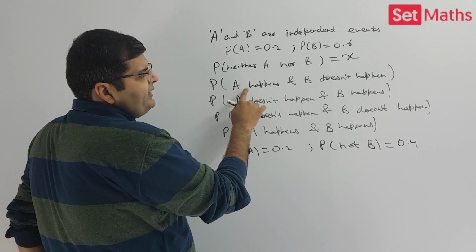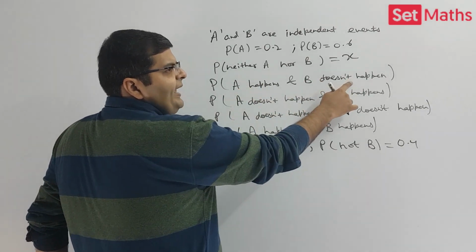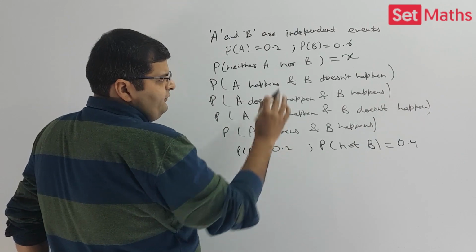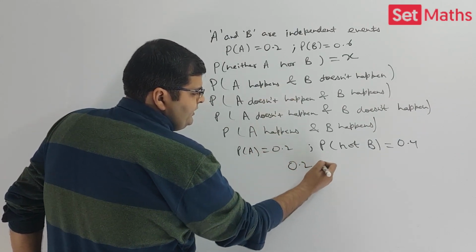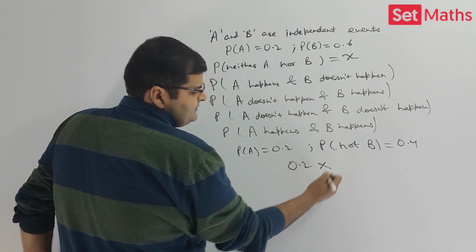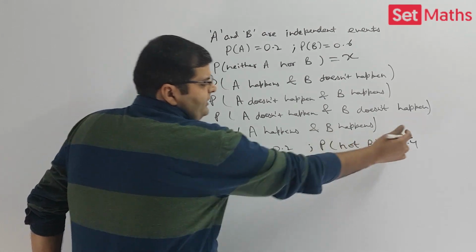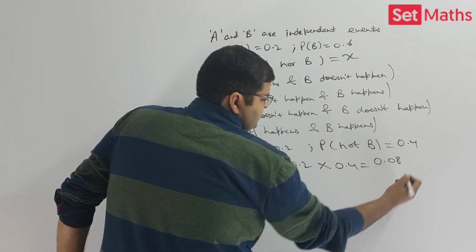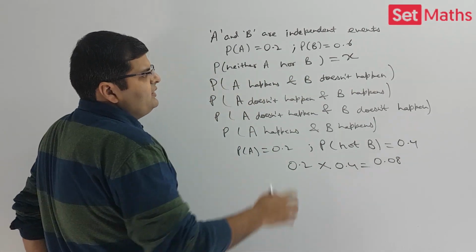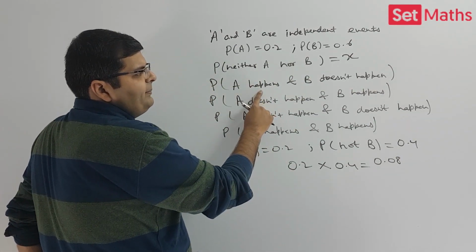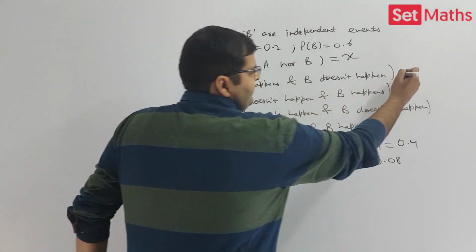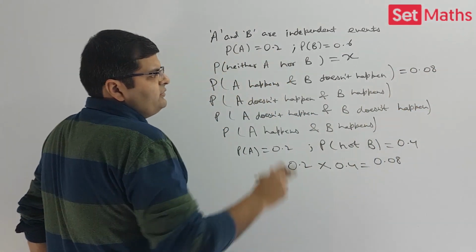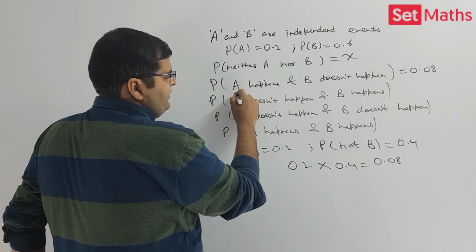These are independent events, so if A is happening, the probability is 0.2, and here we multiply, and B is not happening, so that is 0.4. So 0.2 times 0.4 is 0.08. So probability for A to happen and B to not happen equals 0.08. We have found the first probability.